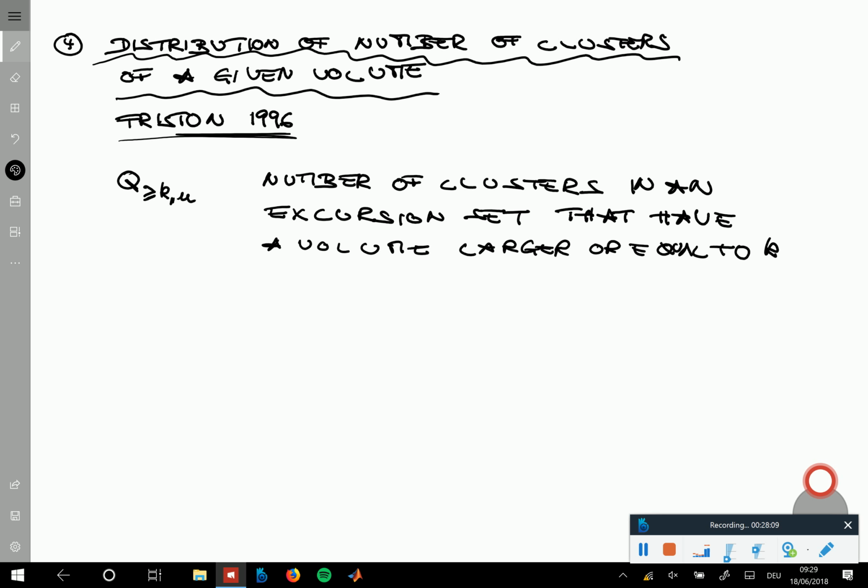Now, the basic result of Friston 1996 and everything behind the SPM table is that this random variable is distributed according to a Poisson distribution.